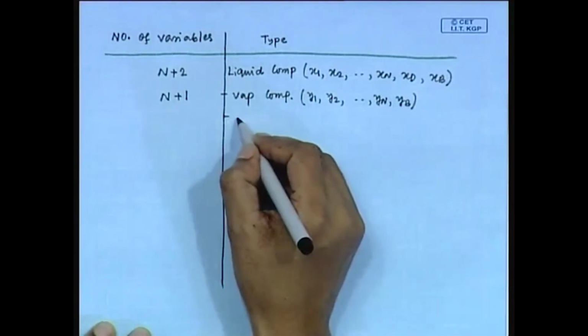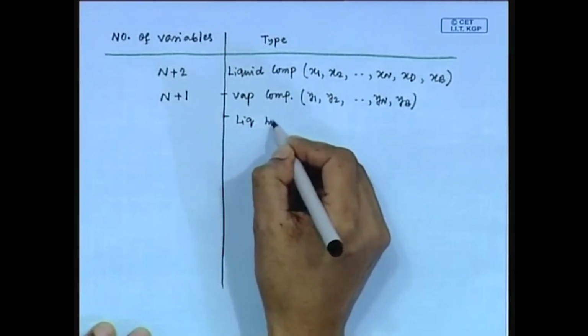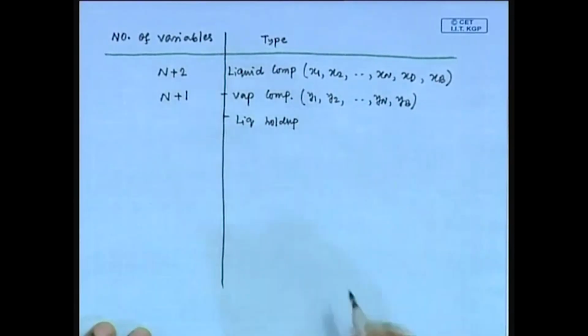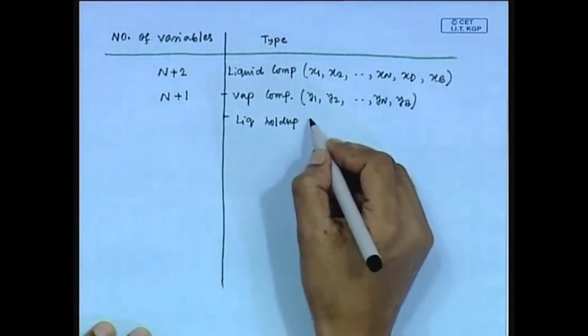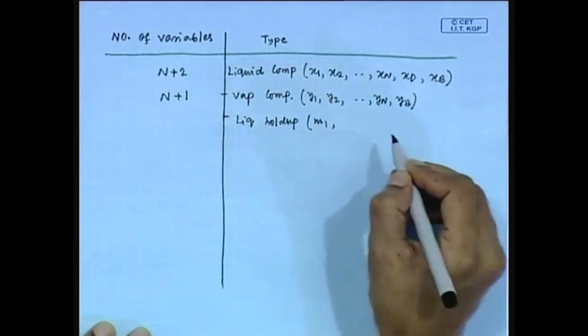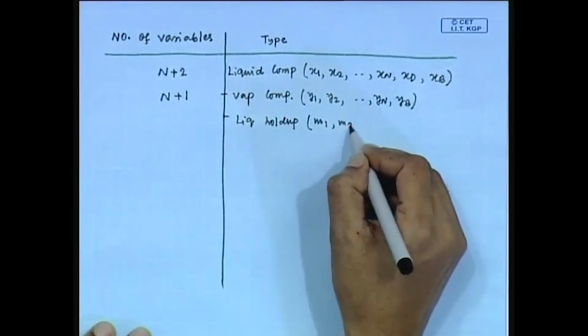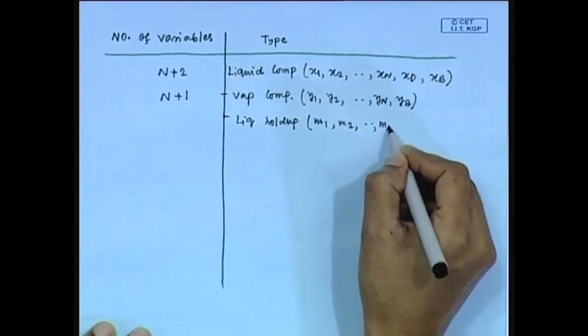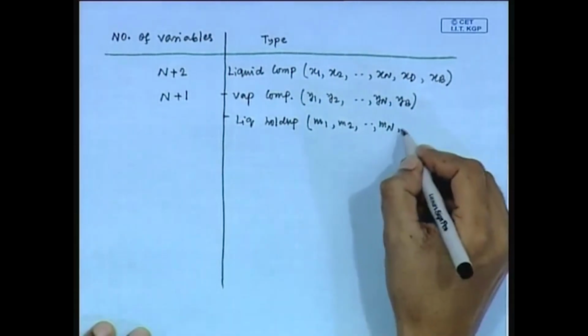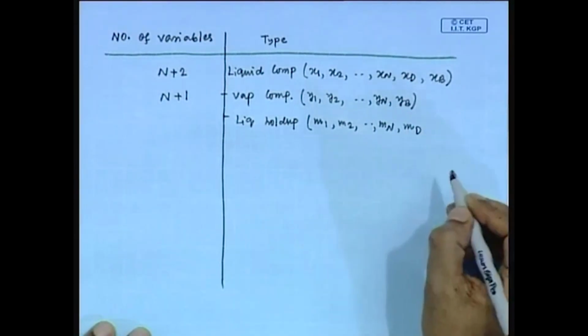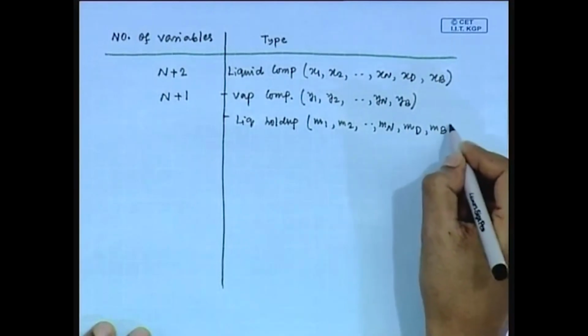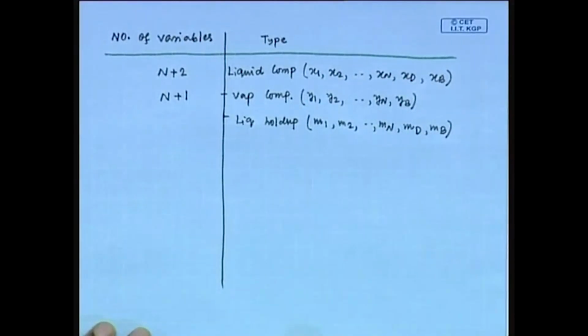Next one is liquid hold-ups, one for each tray, that means M1, M2 up to Mn, one for reflux drum and one for column base. So, n number of hold-ups for n trays and 2 for reflux drum and column base. Fine.